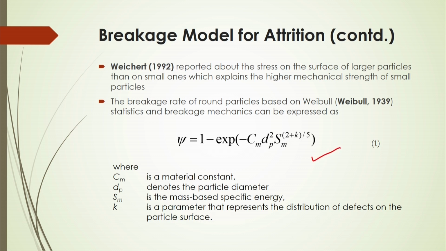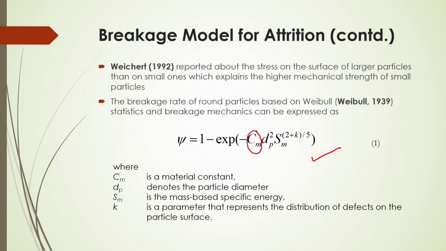In this case, you see that the breakage rate is denoted by psi, which will be equal to 1 minus exponent of minus Cm into dp squared into Sm to the power 2 plus k divided by 5. Now, what is Cm here? This Cm is called the material constant. Already we said that this model is specific to the material constant.